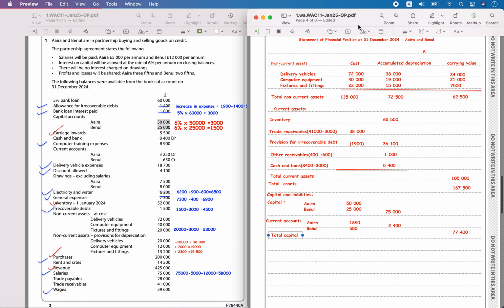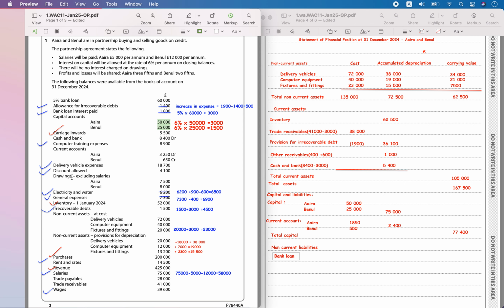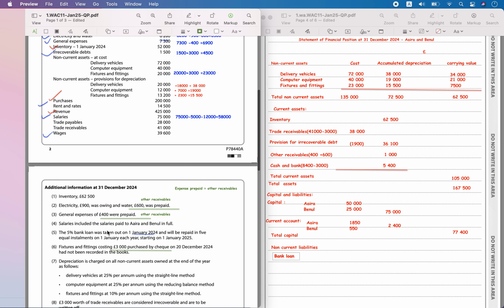Then we have the non-current liabilities. There is a bank loan of 60,000, but there is a condition that it would be repaid in 5 equal installments.